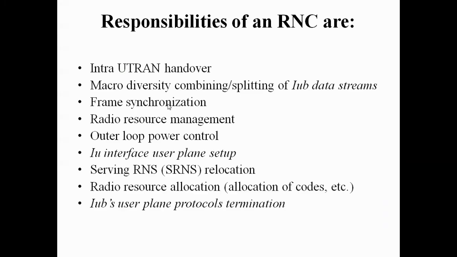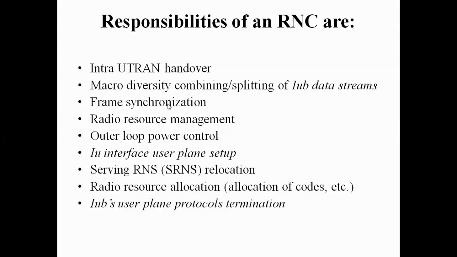The primary responsibilities of an RNC are intra-UTRAN handover, macro diversity combining, frame synchronization, radio resource management, outer loop power control, IU interface user plane setup, SRNS relocation, and IUB user plane protocol termination.